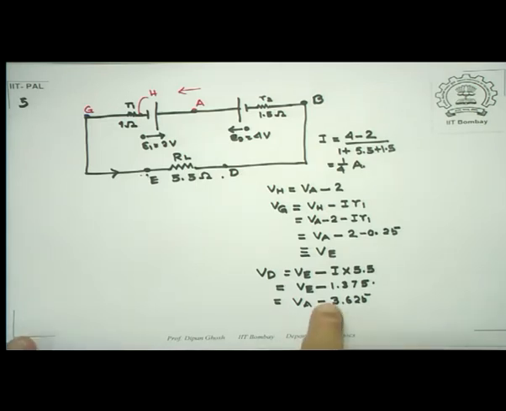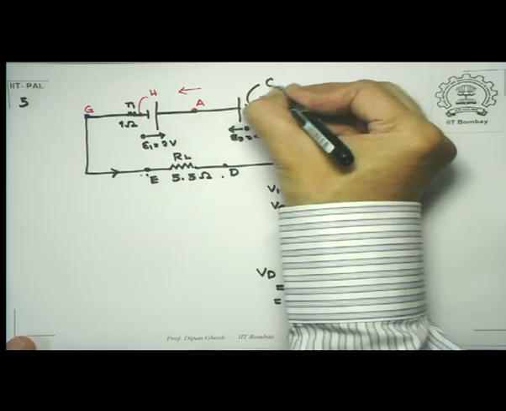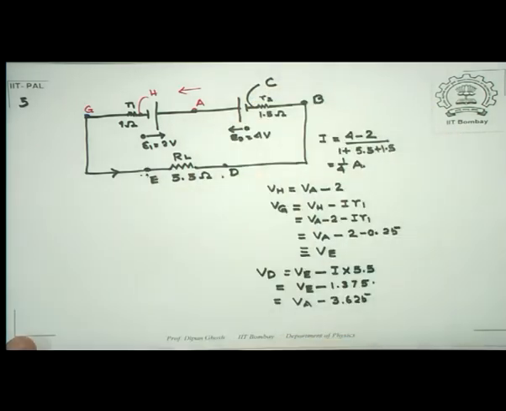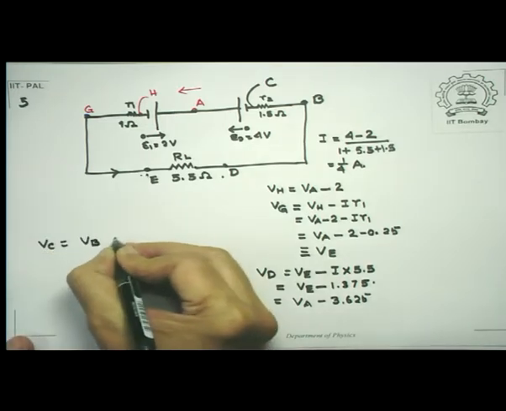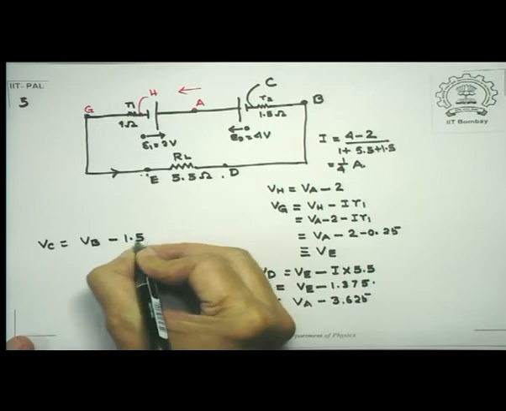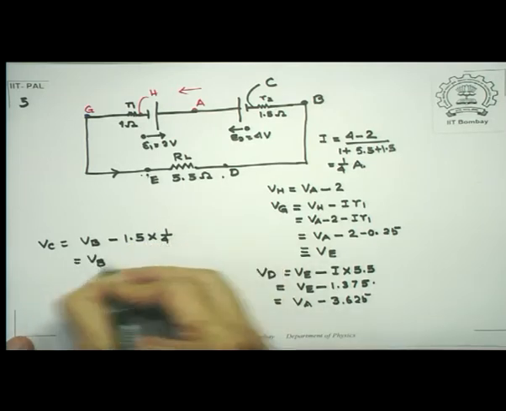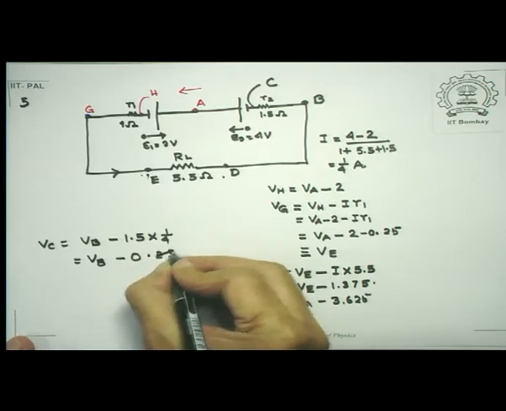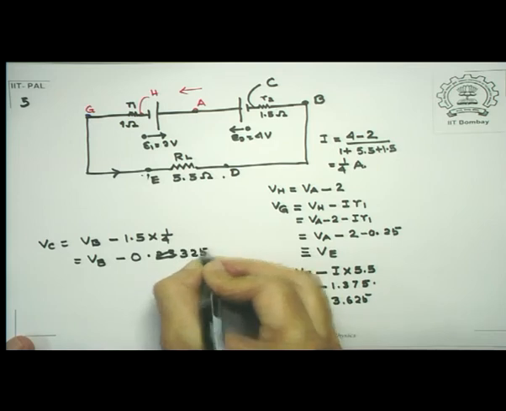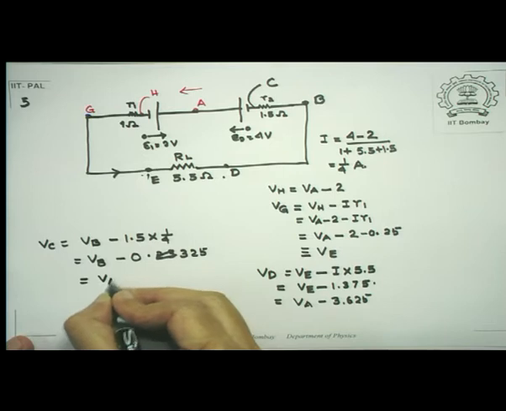Now, what I now need is this. From B I come to the point C. So my Vc is Vb minus 1.5 times I, which is 1 by 4, which is equal to Vb minus 0.375, and that's equal to Va minus 4.